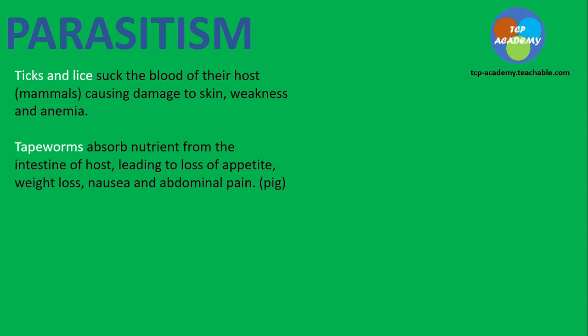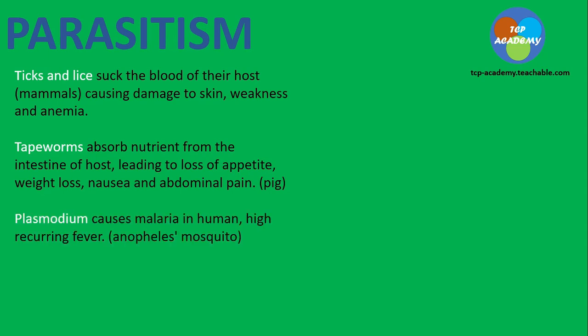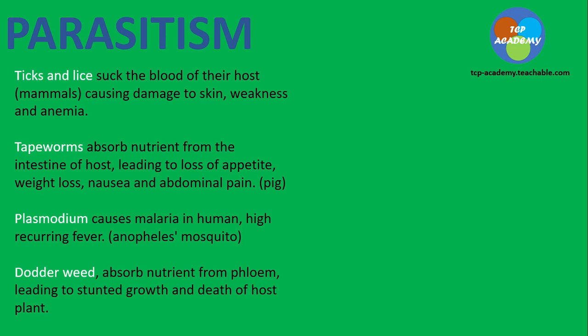Now, the vector here is, of course, the pig. Plasmodium causes malaria in humans, and this malaria will cause high recurring fever, and it is spread by the Anopheles mosquito, which is, of course, the vector here.